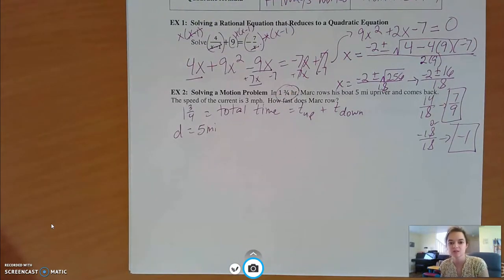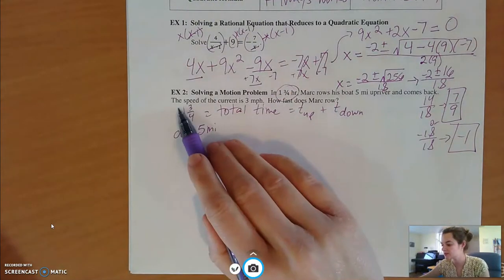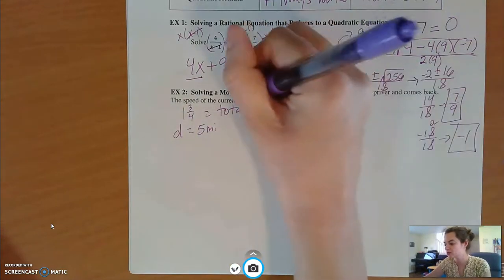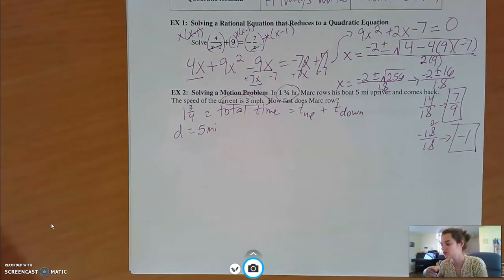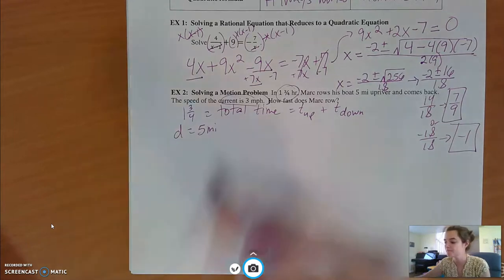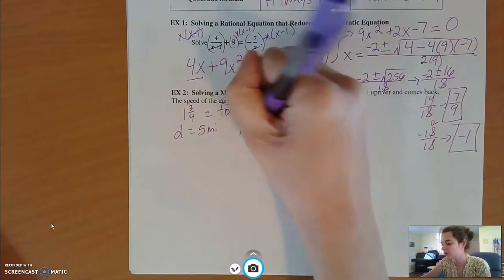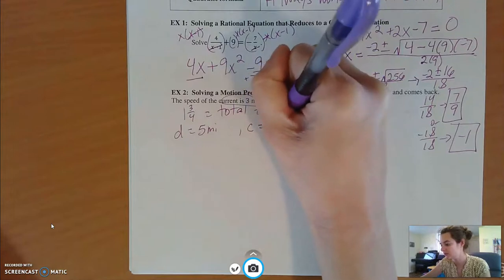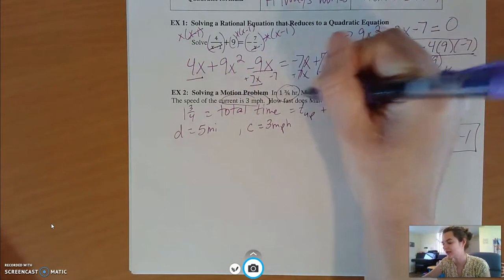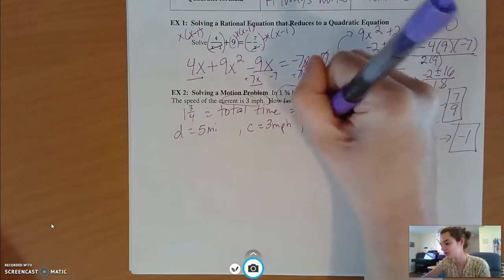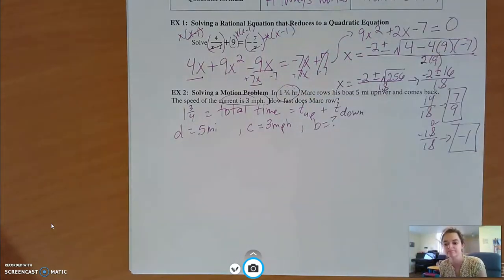So we know that the distance each way is 5 miles. Okay. The last thing it says in our problem is that the speed of the current is 3 miles per hour. So if you guys remember those current problems where you're going upriver, the current's slowing you down. When you're going downriver, the current is speeding you up, right? So what I know is that the current's speed is 3 miles per hour, and it's saying how fast does Mark row, so we're trying to find the speed of the boat.